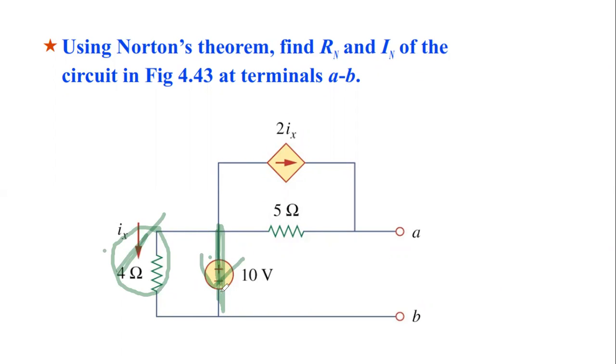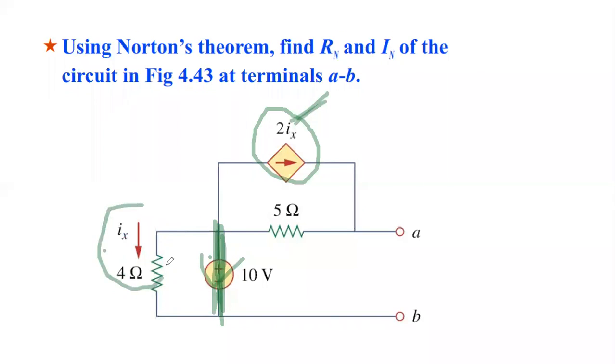The thing now is, Ix is flowing in the 4 ohm resistor, but Ix is not there because the 4 ohm is not there. In this circuit, the current source is 2Ix, a current dependent current source, and its controlling current is Ix. Once you short these terminals, the 10 volt source is shorted, and the 4 ohm resistor is of no use.